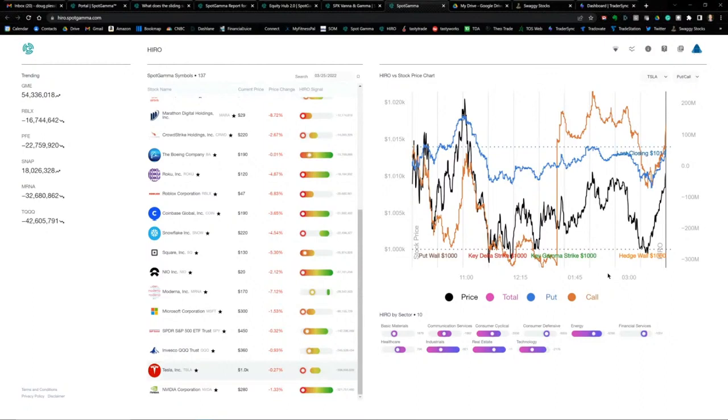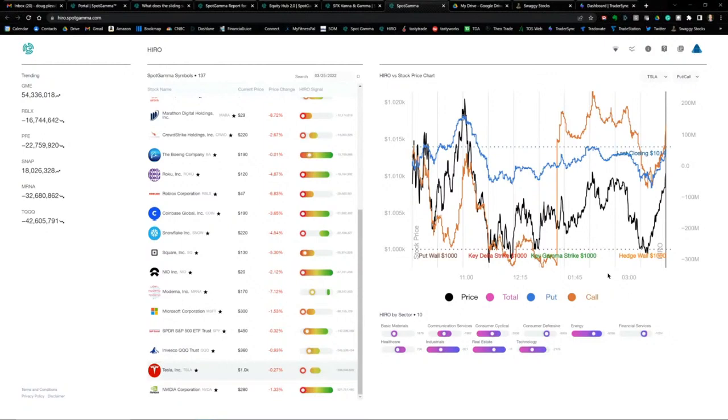So those are more momentum plays in that sense, and you're looking for that. Yeah, and that was going on in Apple as well, and it actually continued today.